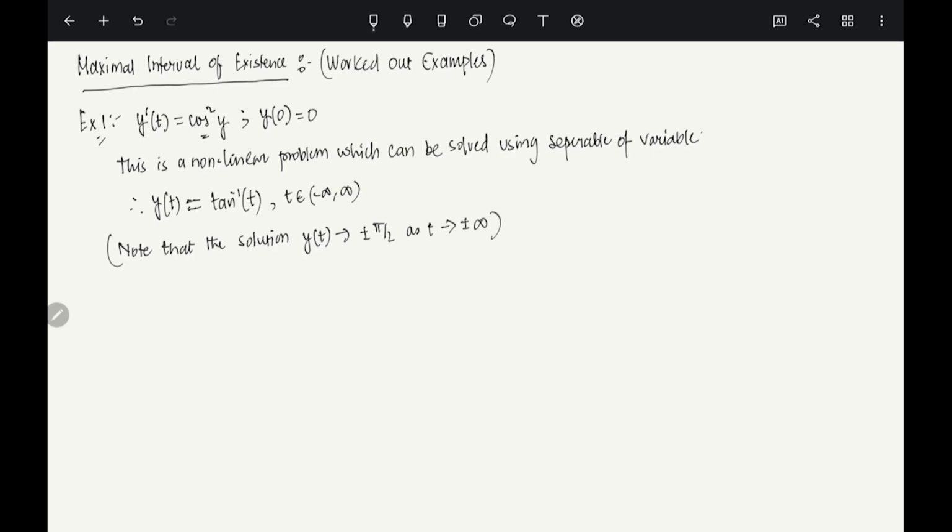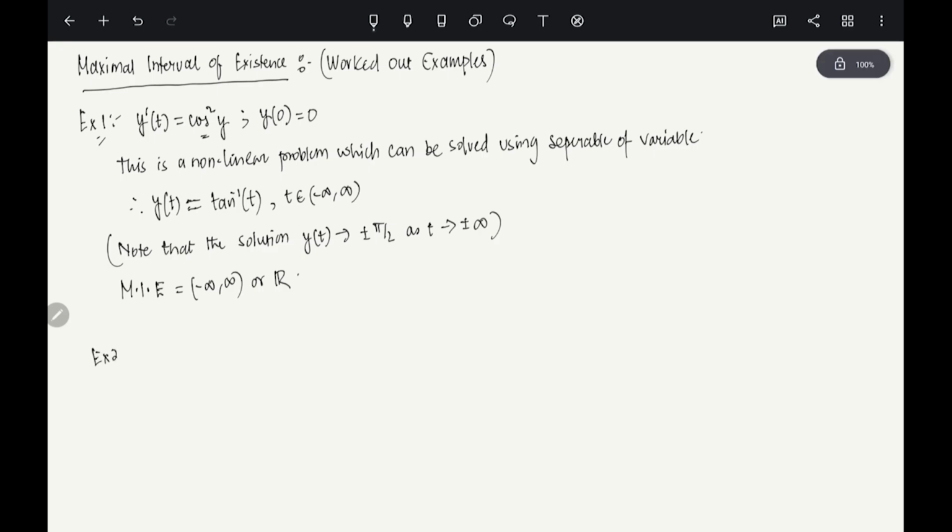In the middle it is defined everywhere. So essentially the maximum interval of existence, MIE, in this case is minus infinity to infinity, or the whole of R. So this is for a 1x1 system, which is basically just a simple ODE.